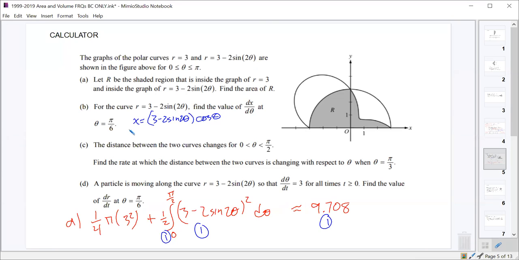And so if we want dx d theta, we just take the derivative of that at pi over 6. You got a calculator for this one, so your calculator will tell you what that value is. You don't actually have to take the derivative by hand. And it should have come out to be 2.366. Oh, sorry, negative 2.366.